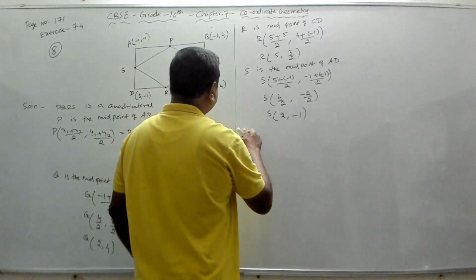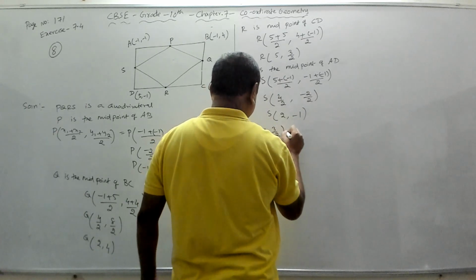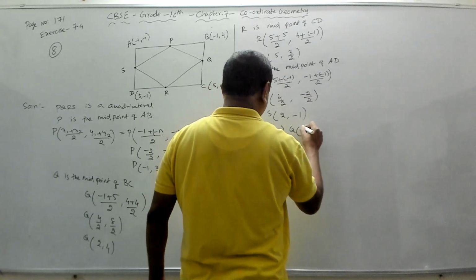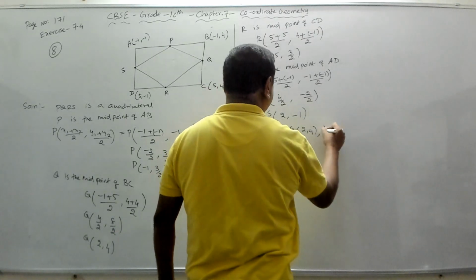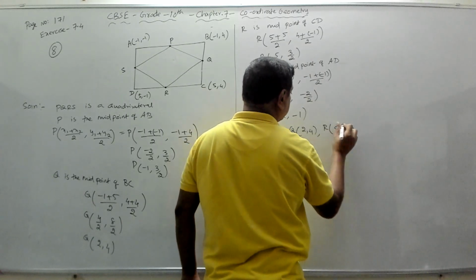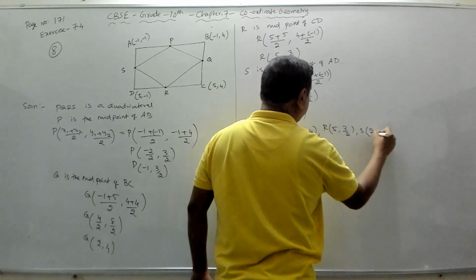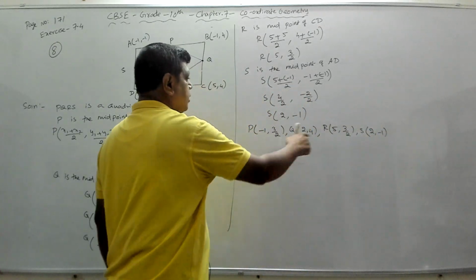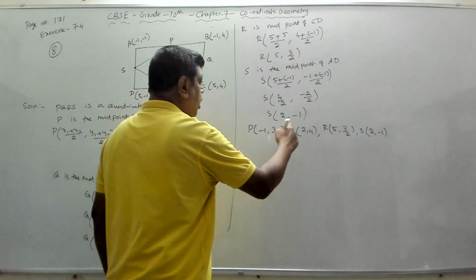The points are P of minus 1 comma 3 by 2 and Q is 2 comma 4. Your R is 5 comma 3 by 2 and your S is 2 comma minus 1. So we listed all the 4 points. Now we'll find what is PQ, QR, RS and everything.